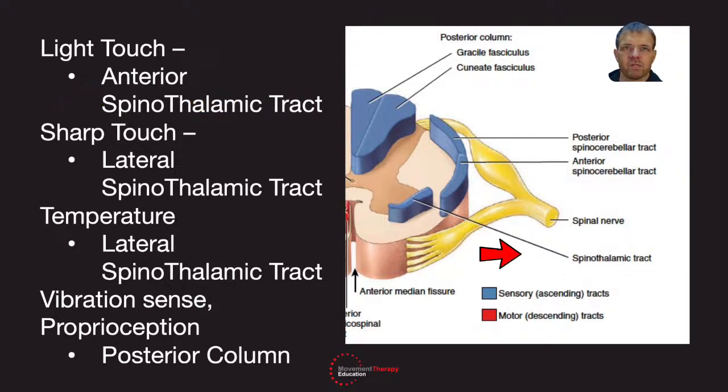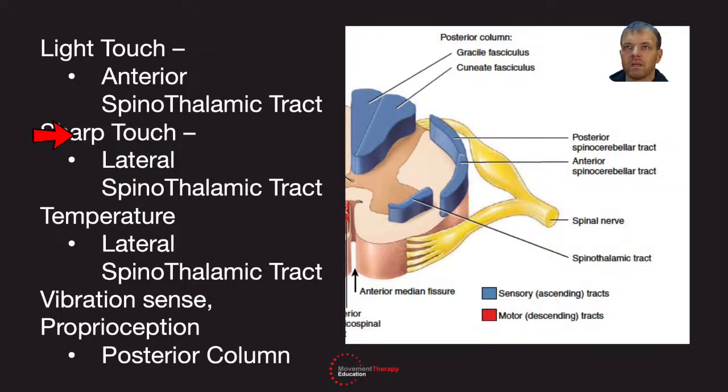So light touch will travel up this elevator. It will be received from the body through this sensory nerve root, which is the dorsal one. And if you remember, same Dave, dorsal is afferent. So this is afferent information coming in, getting in that elevator and going up to the thalamus, and then the brain deciding what to do with that information.